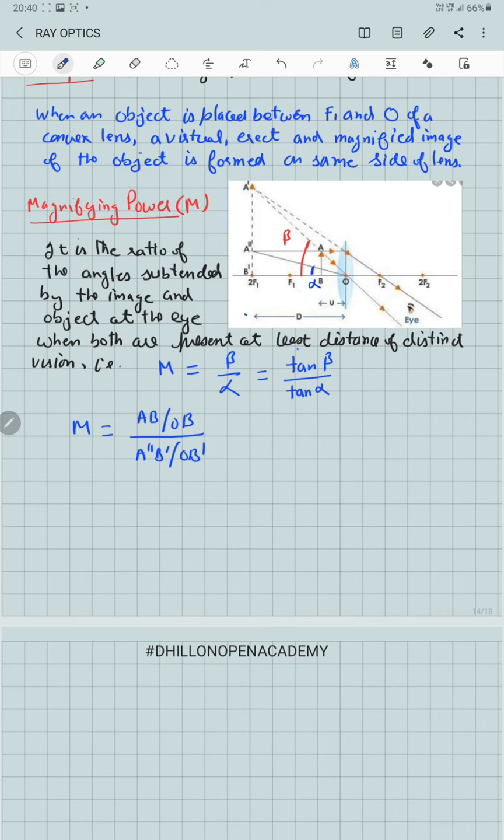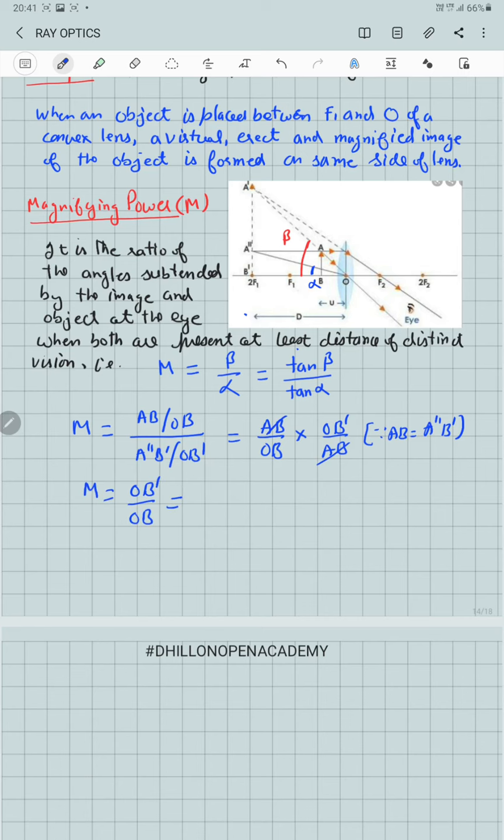Now AB and A double dash B dash are the same, so we can write it as AB over OB into OB dash over AB. So AB and AB get cancelled, M becomes equal to OB dash over OB.